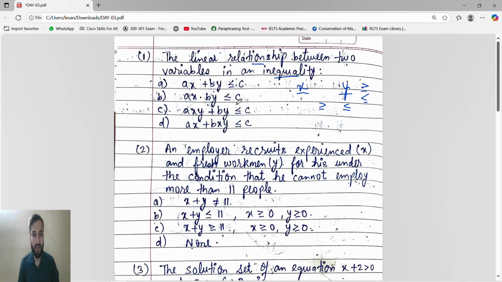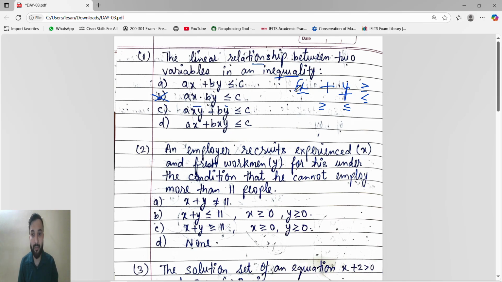We know that a linear relationship between two variables should always be plus. See option B, ax into by. No, multiply should not be there, only plus or minus. No multiply, no division. Now see option C, axy plus by.